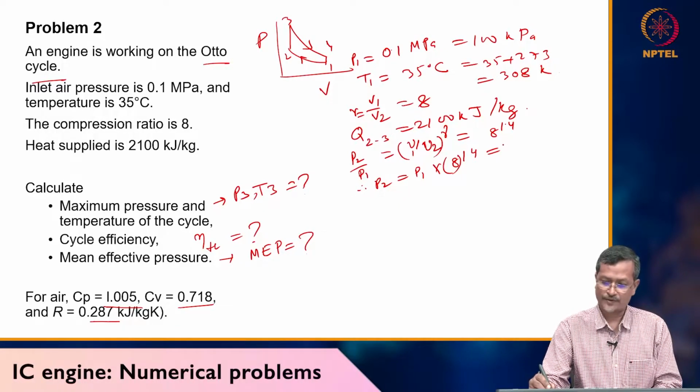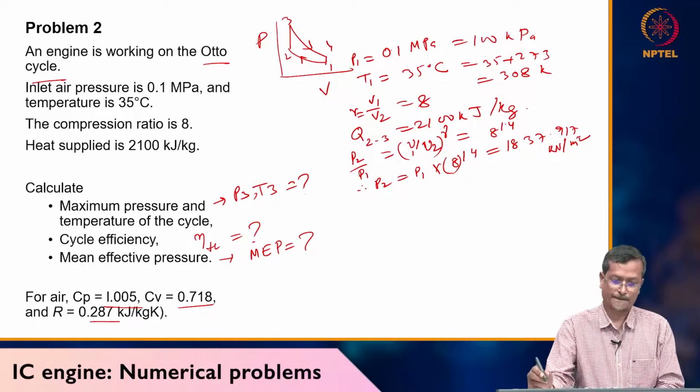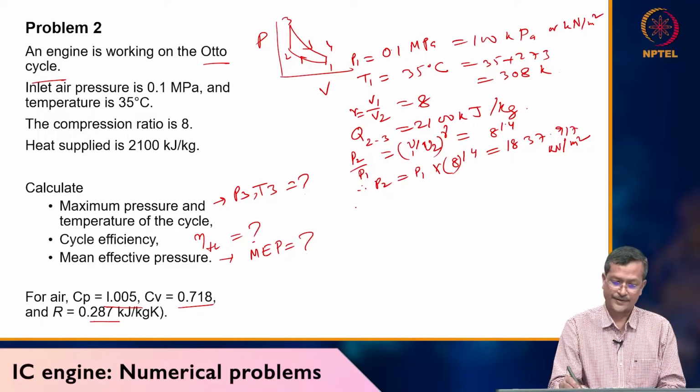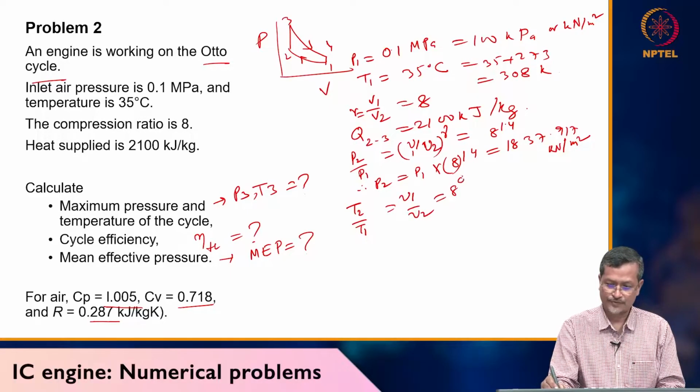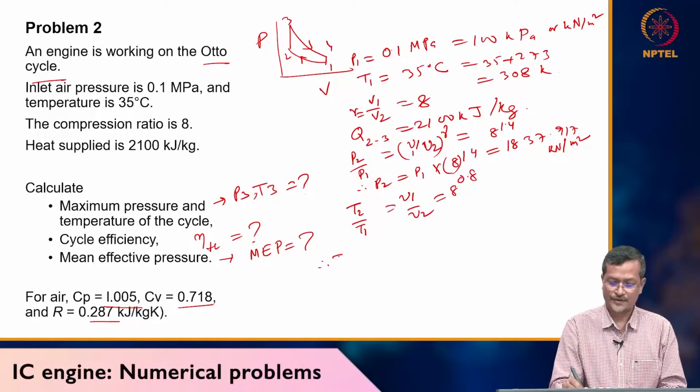This value is giving 1837.917 kilonewton per meter square, so kPa or kilonewton per meter square. Then T2 by T1 equals V1 by V2 to the power 0.4, equals 8 to the power 0.4. Therefore, T2 is coming 707.59 K.